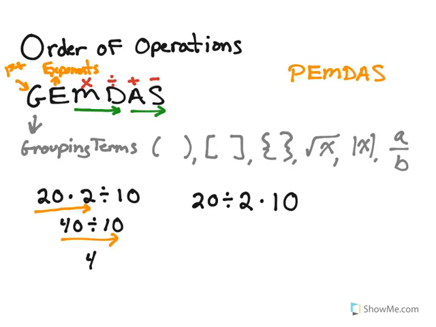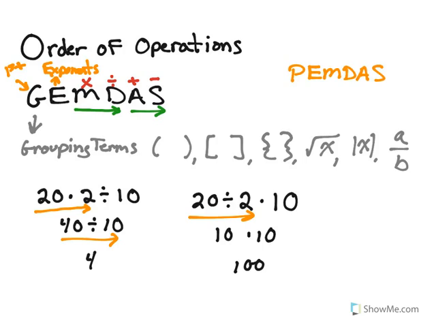What if I wanted you to do 20 divided by 2, then multiply it by 10? Well, these 2 operations are interchangeable, so you do whatever comes first. So you're going to actually do the division, because that comes first. So 20 divided by 2 is going to be 10. And when you multiply that by 10, you get 100. So the answer will change depending on the order of the operations.